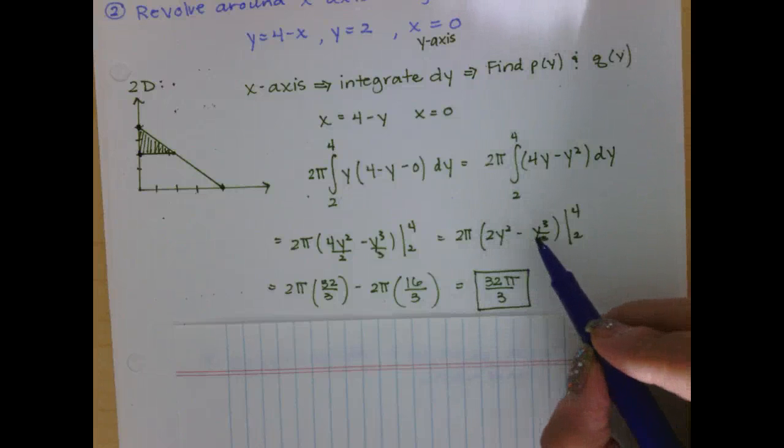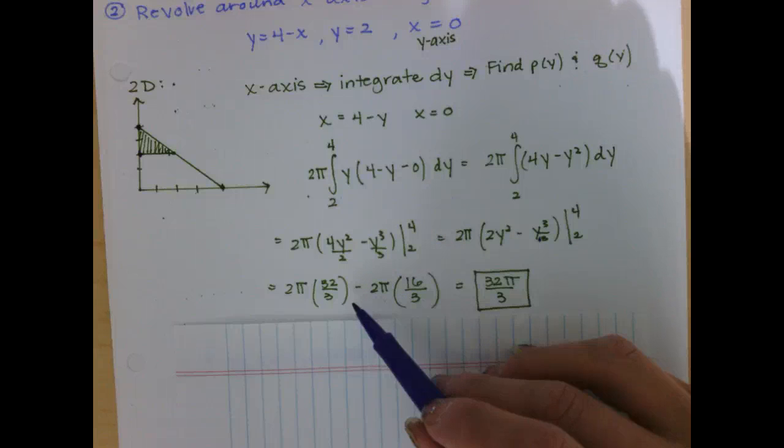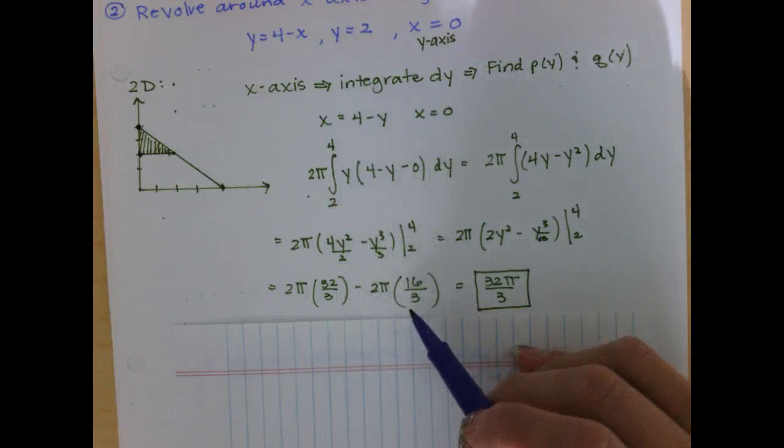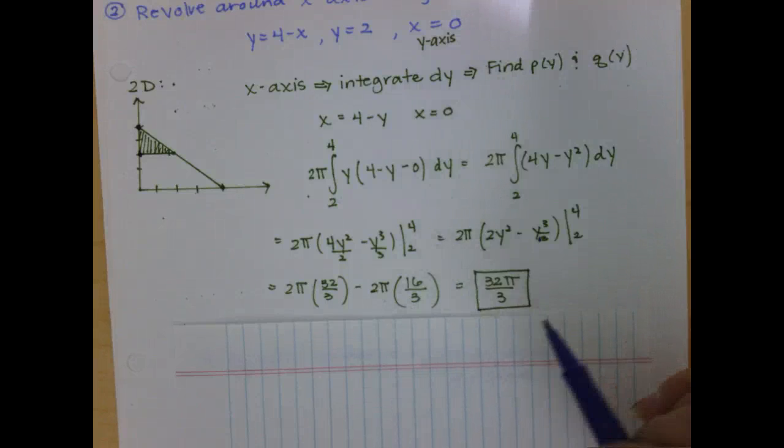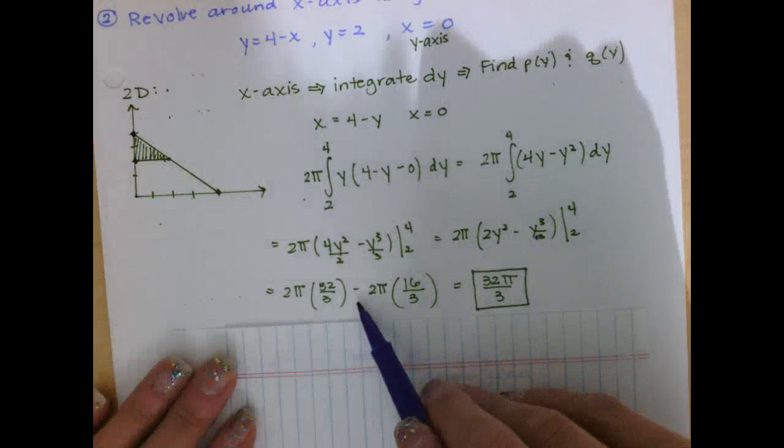So now we've got these two expressions that we need to combine by getting a common denominator, and you can see that I did that down here. Okay. Checking my math really quickly.